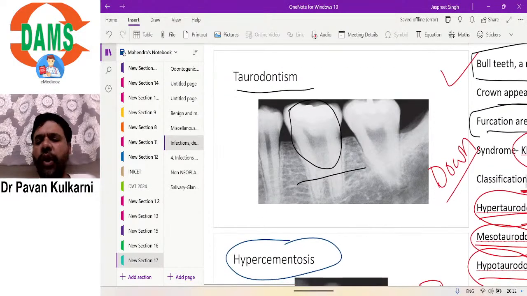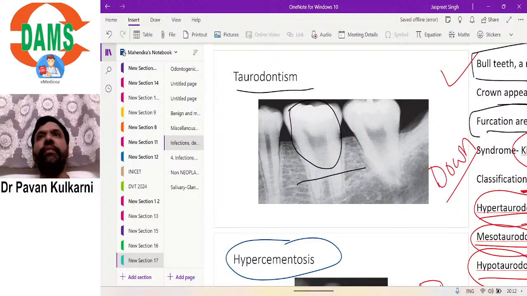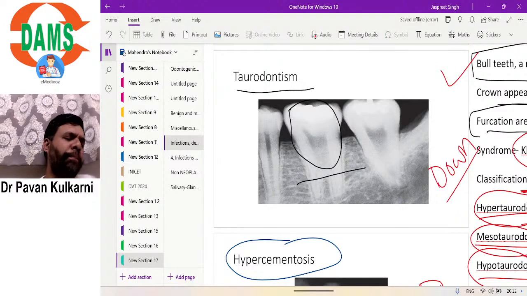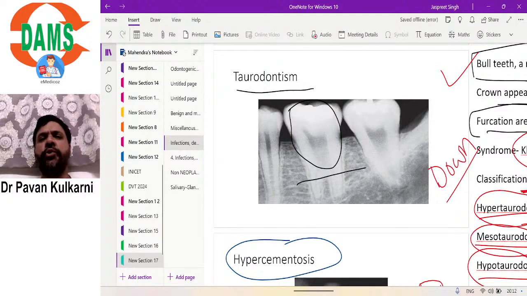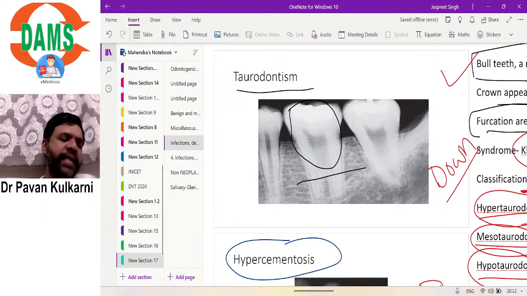Now this is Taurodontism. All of us know Taurodontism is bull teeth. This is a typical radiographic image that we are supposed to remember, where you will see that the crown appears very large, enlarged.